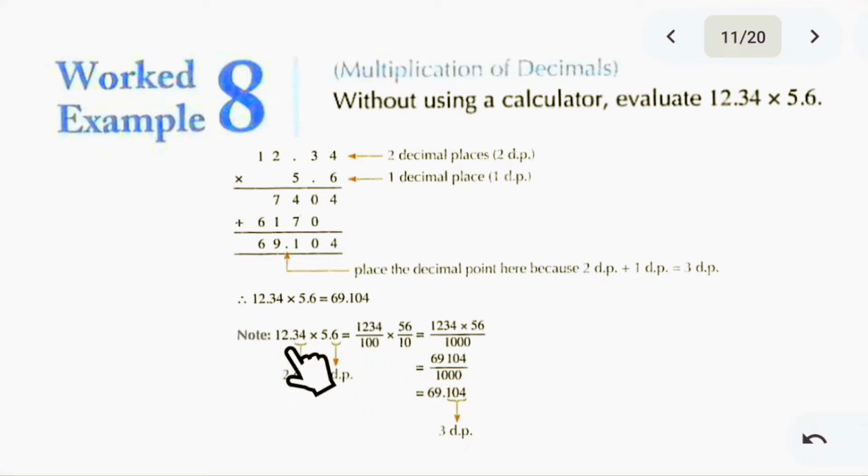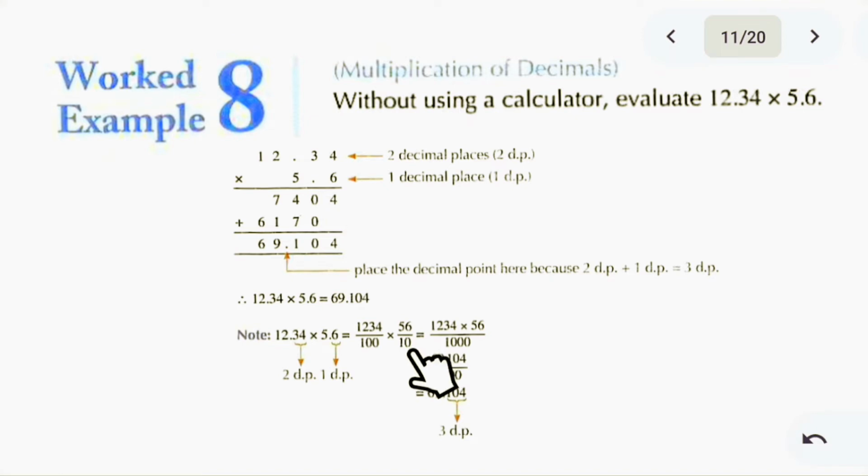We remove this point and write 1 in place of the decimal, and the digits on the right are 3 and 4. Because there are 2 decimal places, we write 2 zeros. The second number was 5.6, so we remove the decimal, write 1 in its place, and because there was only the digit 6 after it, we write only one 0.